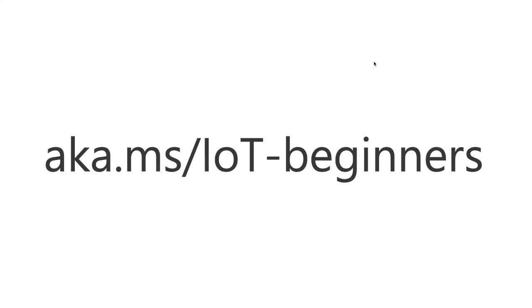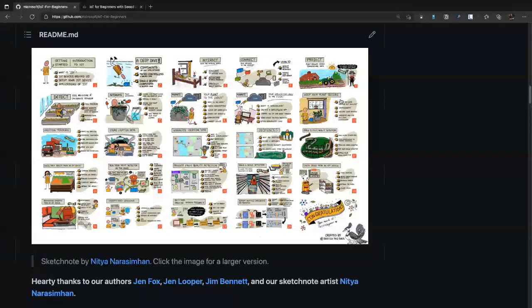Now, this Hello IoT series is based off our IoT for Beginners curricula, which is newly released. It's been out about 12 or 13 days and provides 24 lessons to get you going with IoT from the ground up. And you can find it at aka.ms/IoT-beginners. It's all on GitHub. It's a fully open source MIT licensed repo.